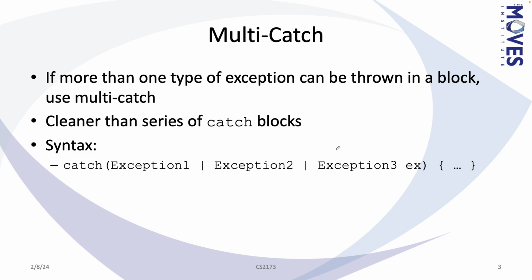When it comes to catching and maybe rethrowing exceptions, I need to point out that any uncaught exception of any type, if it never gets caught and dealt with, will bubble all the way up to your main method.